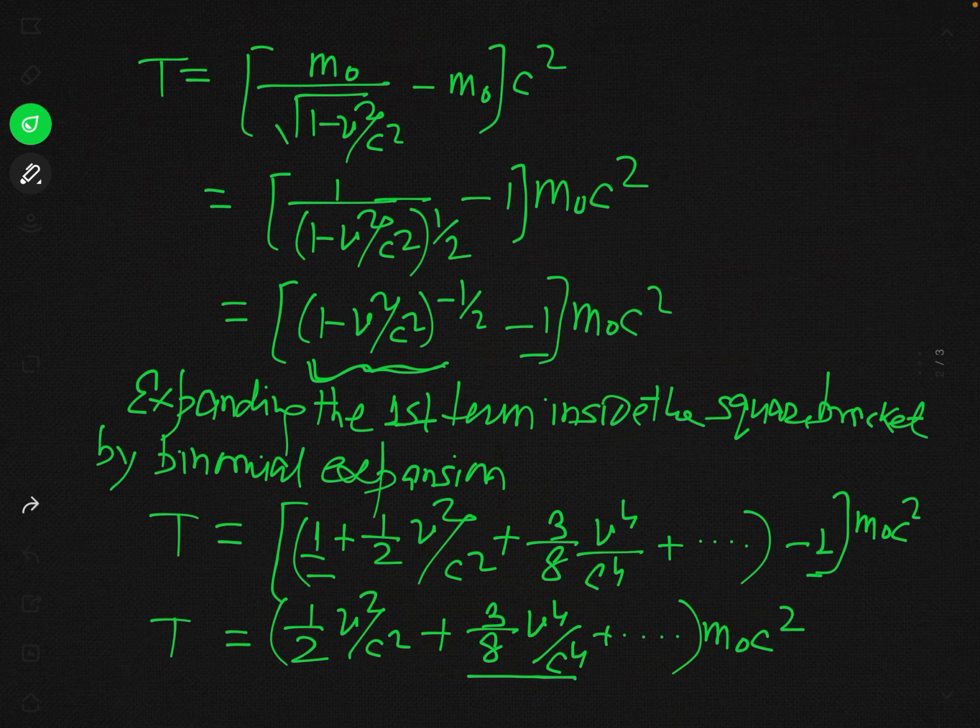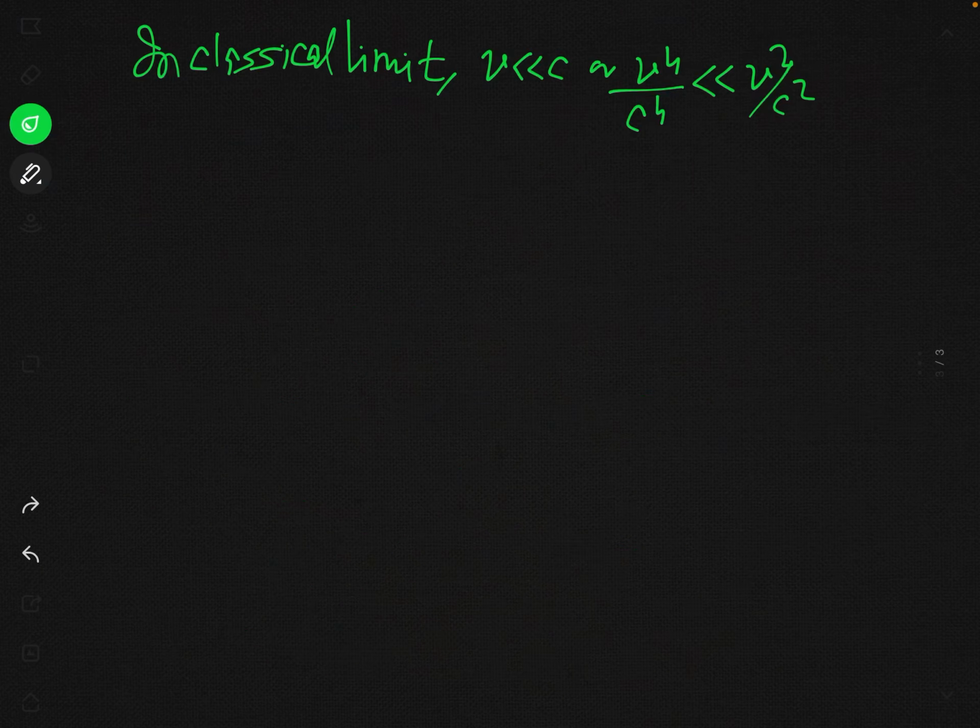So in fact we can neglect the term 3 by 8 v4 by c4 and all other higher terms. Higher terms means the terms containing higher powers of v by c in comparison to the v square by c square term. So when you impose this limiting condition on this general expression for kinetic energy, what will be our result?